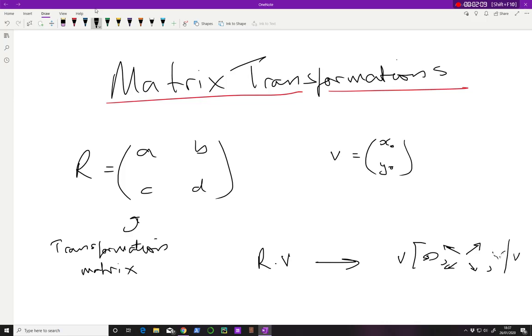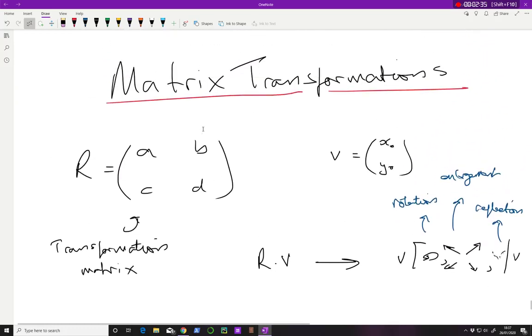Okay, so this is my way of representing a rotation, an enlargement, or a reflection. And I'll just highlight those in blue. So rotation, enlargement, and reflection.